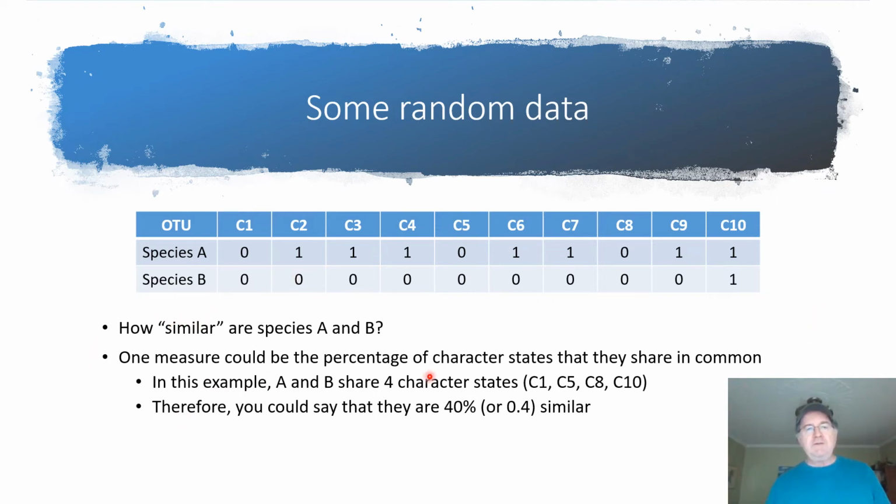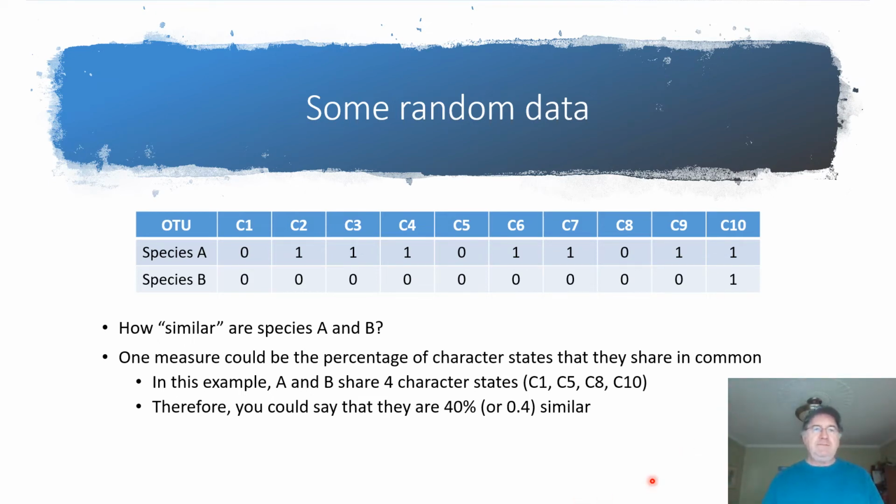So the question is, how can we express quantitatively in a single number how similar species A and B are? If we want to express it in multiple numbers, we just have the two vectors here of their character states. But I want to express it in a single number. I want to encapsulate all of the shared characters and all the dissimilar characters between these two.